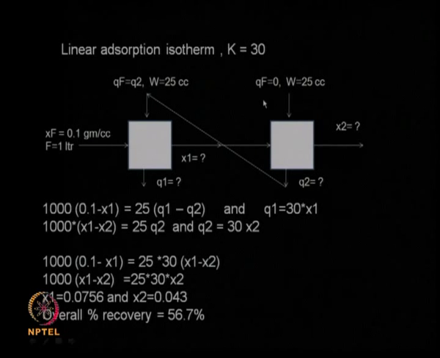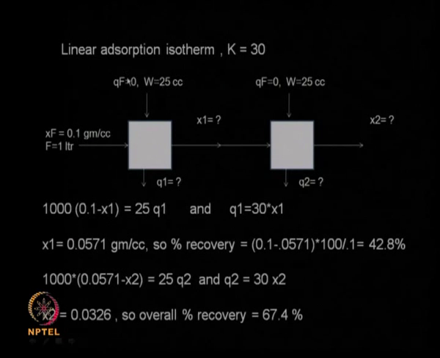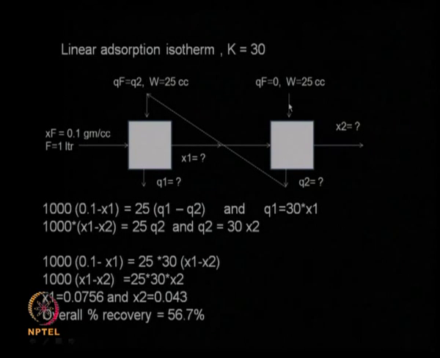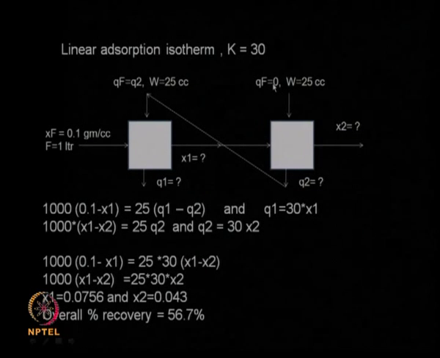Whereas in a counter current system, because the adsorbent used in stage 2 is sent to stage 1, it contains some amount of solute adsorbed, so there QF is not equal to 0, but here you are adding a fresh adsorbent, that is why QF equal to 0. So if you have a 3 stage counter current system, the adsorbent is added fresh in the 3rd stage, so only there you can assume QF equal to 0, whereas in other stages you cannot assume the concentration of solute adsorbed on the adsorbent as 0.